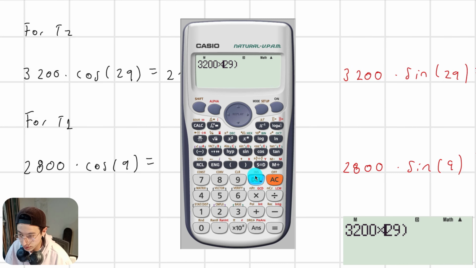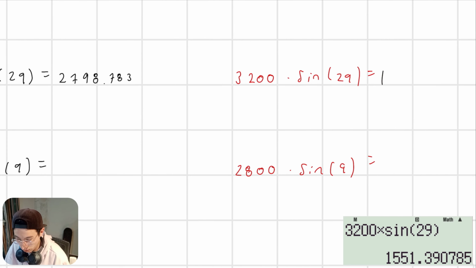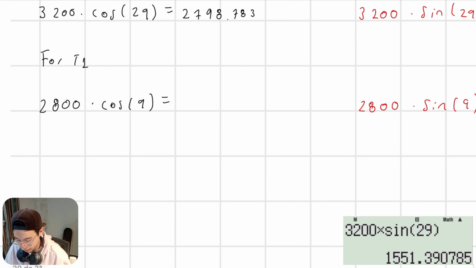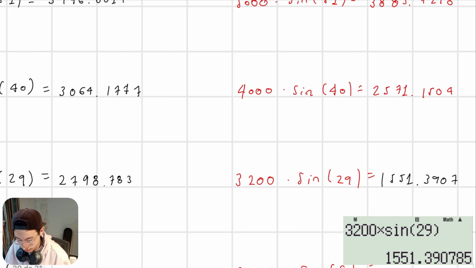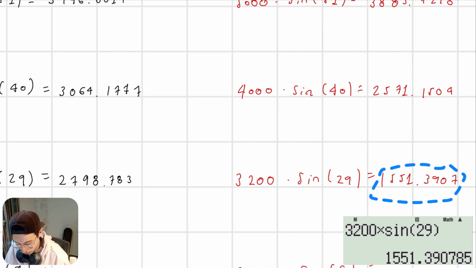Now using the sine, 1,551.3907, which should be in color red.